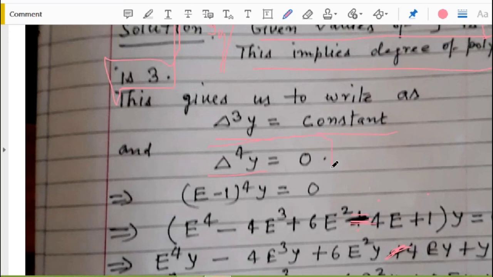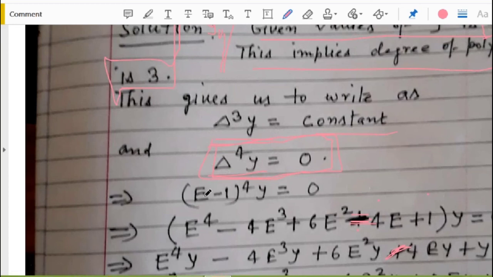This is the core of the solution process. This result is the core we have seen. So here, what is happening? The fourth difference is 0.